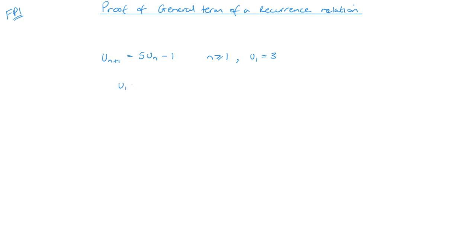So u1 is 3, u2 is 5 times u1 minus 1. So 5 times 3 minus 1, which is 14. And then u3 is 5 times u2 minus 1, or 5 times 14 minus 1, which equals 69.